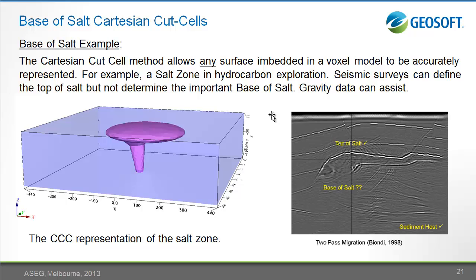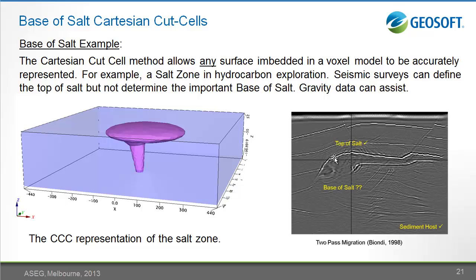So what I want to show is an example of using this Cartesian Cut-Cell method for the base of salt problem. The base of salt problem is basically the situation that often occurs in marine hydrocarbon exploration, where we'll have some seismic horizon which represents the top of the salt body.